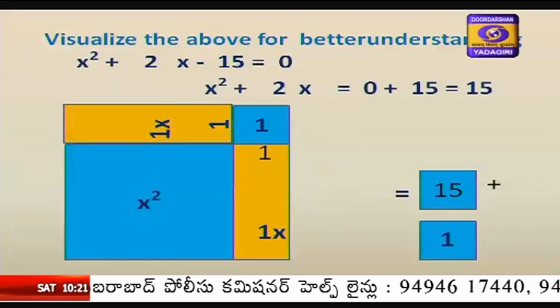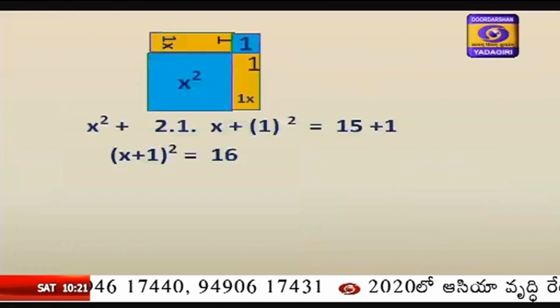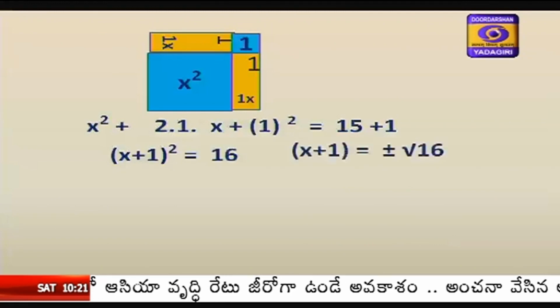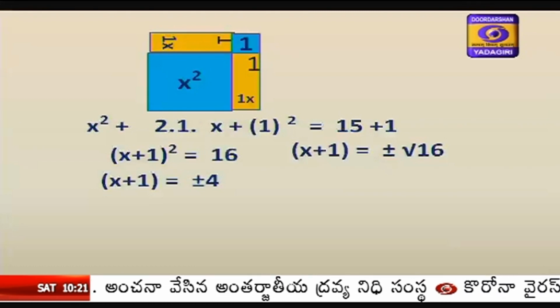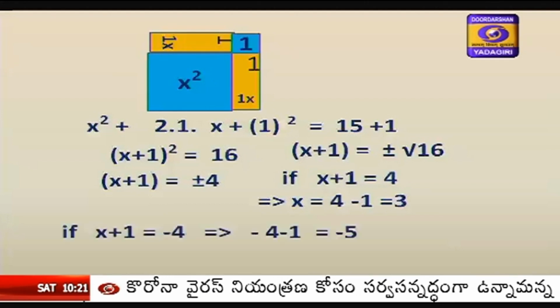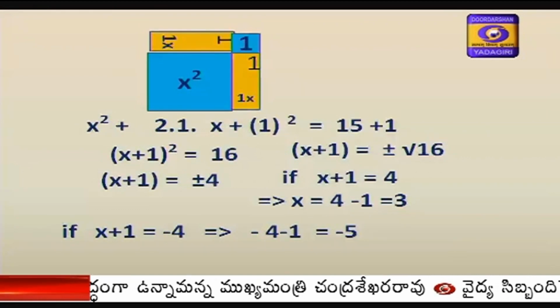Now, I can write it as x plus 1 whole square is equals to 16. Then x plus 1 is equals to root of 16, and x plus 1 is equals to plus or minus 4 implies x is equals to 3, and x plus 1 equals to minus 4 implies minus 4 minus 1 is equals to minus 5.